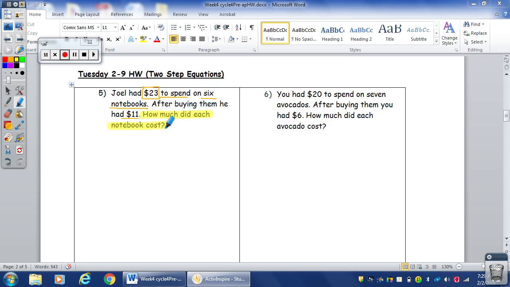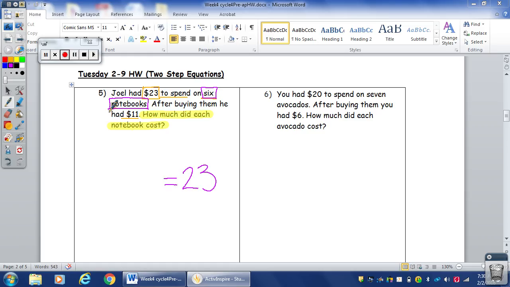So in order to solve this, I need to set up a 2-step equation. So I know that Joelle had a total of $23, so I can put an equal sign and I can put 23. I know that he's going to buy 6 notebooks, and we can assume that when it's said like that, all 6 notebooks are going to be the same price.